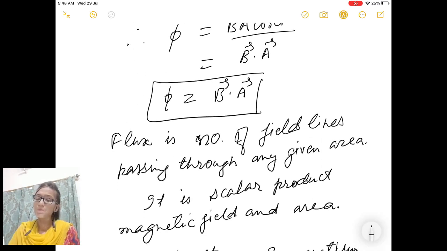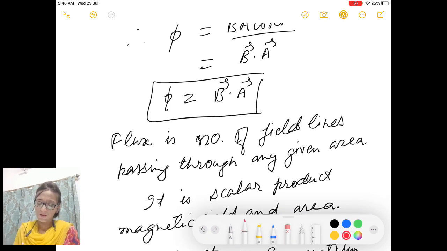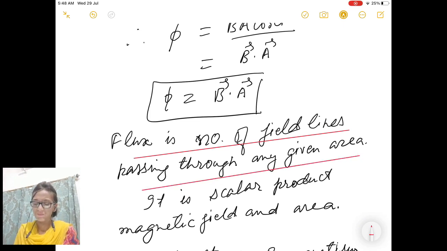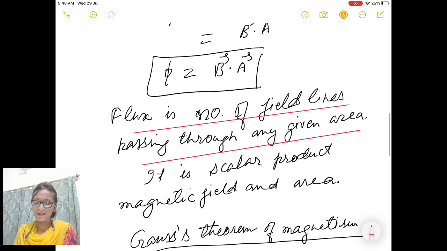Flux is number of field lines passing through any given area, and it is a scalar product of magnetic field and area.